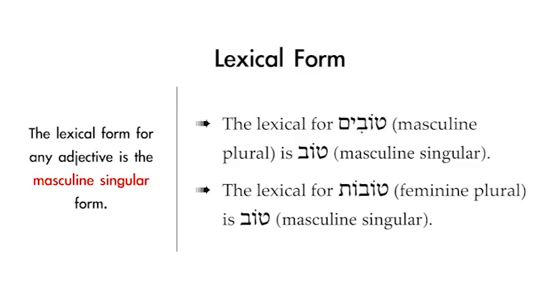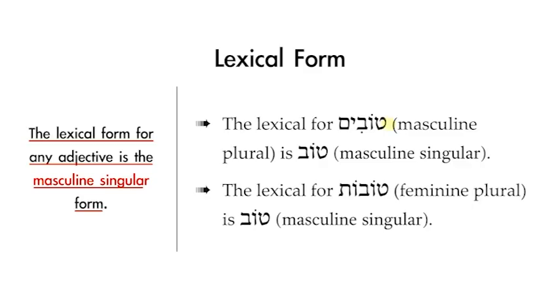Now let's consider the lexical form of an adjective. When it came to nouns, the lexical form was the singular form, either masculine or feminine. But that's not true for adjectives. The lexical form for an adjective is slightly more specific. Here it is. The lexical form for any adjective is the masculine singular form. So let's look at the examples.